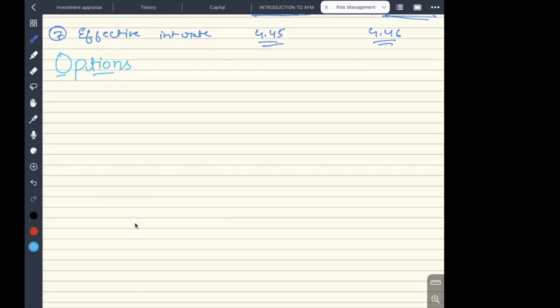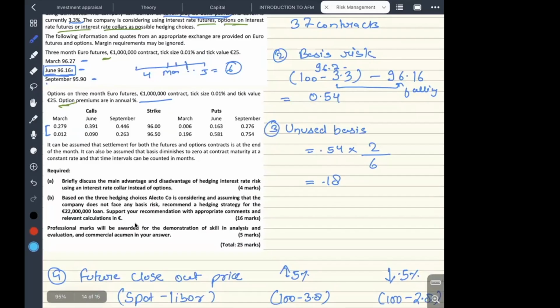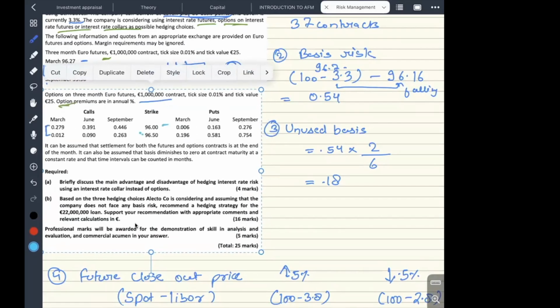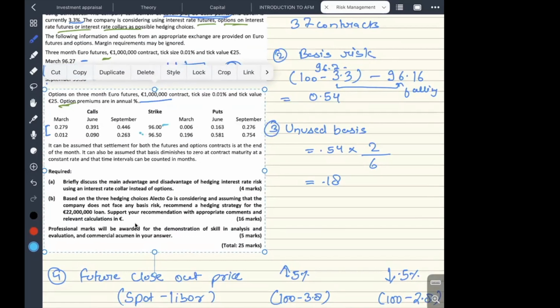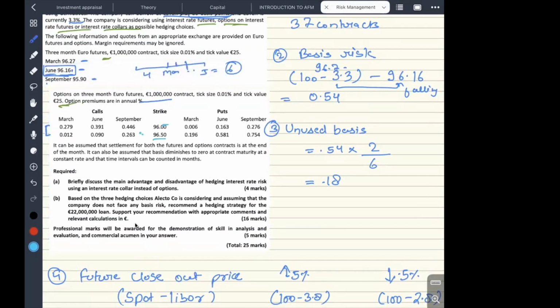For options, if you remember, if you go back to the question, there are two options, 96 and 96.5. You will have to solve for both. Remember that. For the time's sake, I'll solve it for 96.5. For this question, I am solving it for 96.5. This one.